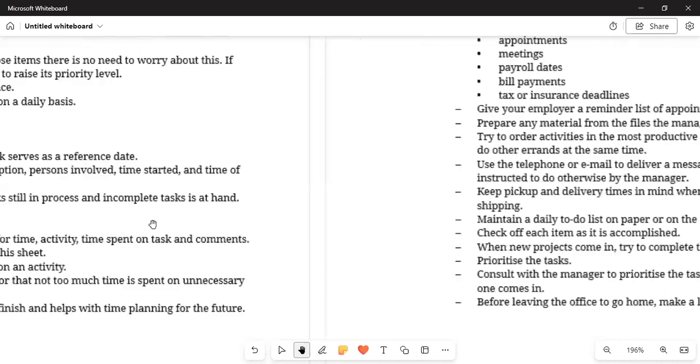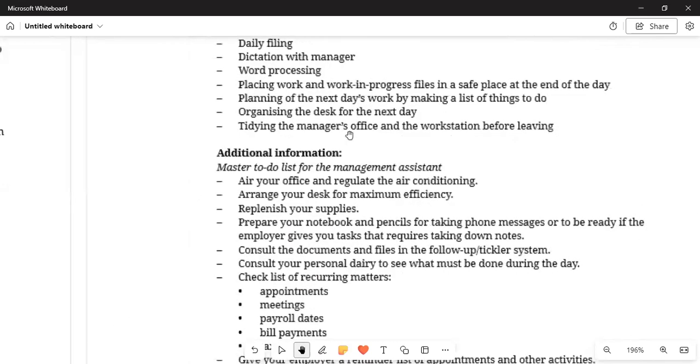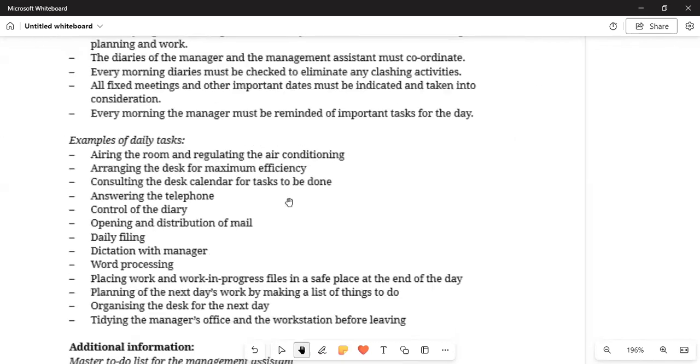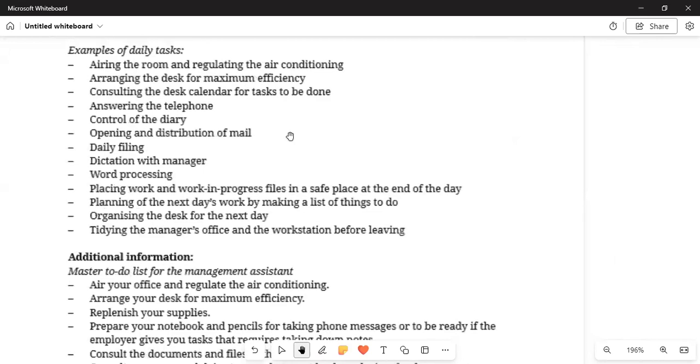And then if we are moving on, we have given the examples of daily tasks. These are the examples of the day. Arrange the desk calendar for tasks until the end of the day, plan the next day's work by making the desk and the workstation ready before leaving.